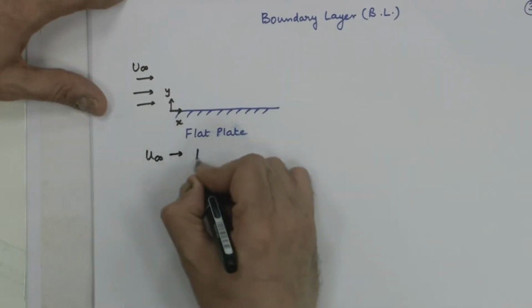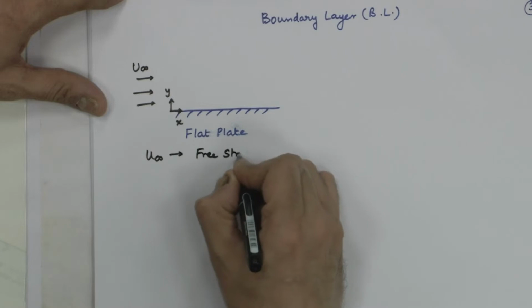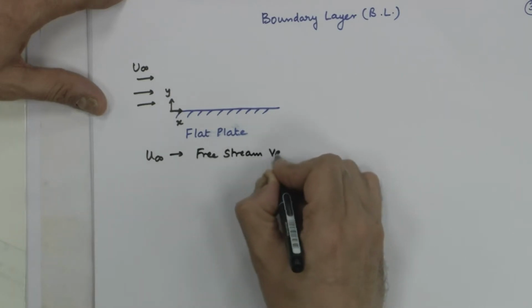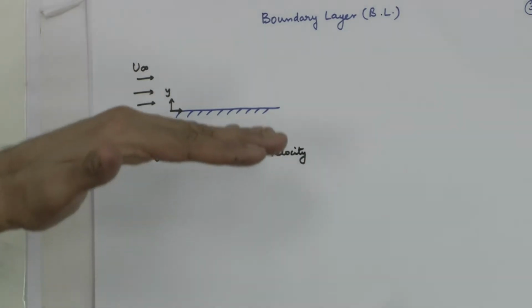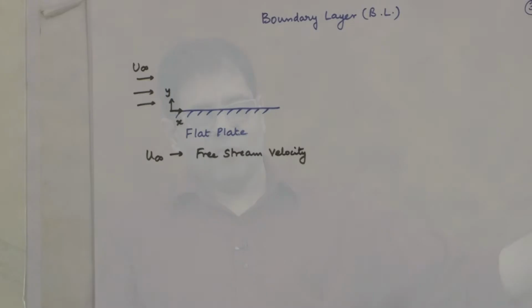U infinity is free stream velocity. What is meant by free stream velocity? It means that this velocity is unaffected, the velocity with which the flow is occurring before it knows that it is flowing over a plate, over a solid surface. Okay, that is why it is called free stream.